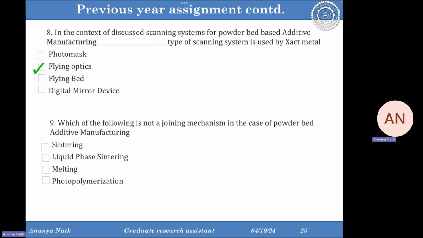Which of the following is not a joining mechanism in case of powder bed additive manufacturing? So photopolymerization is used for liquid photoactive resin, if you can remember, where we use vat photopolymerization, where there will be a vat full of liquid resin, and liquid resins are photoactive material.